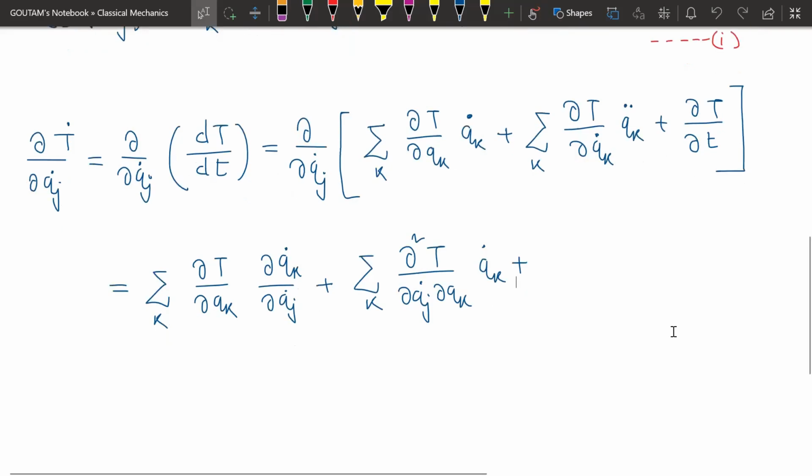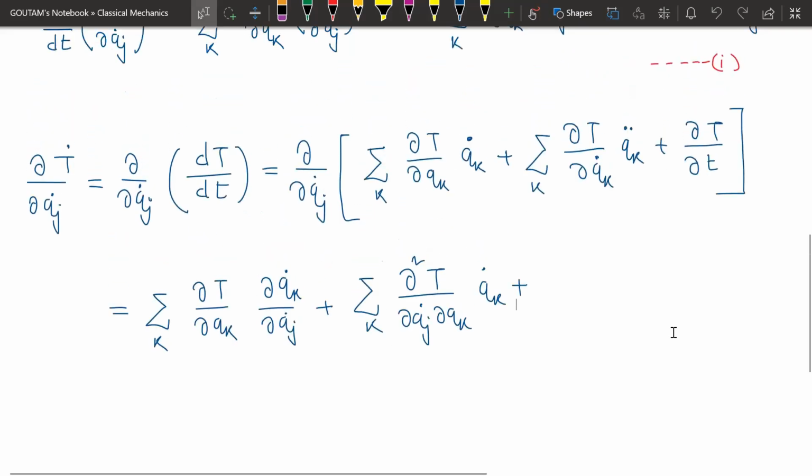It's the derivative of a summation of multiplication of two functions.